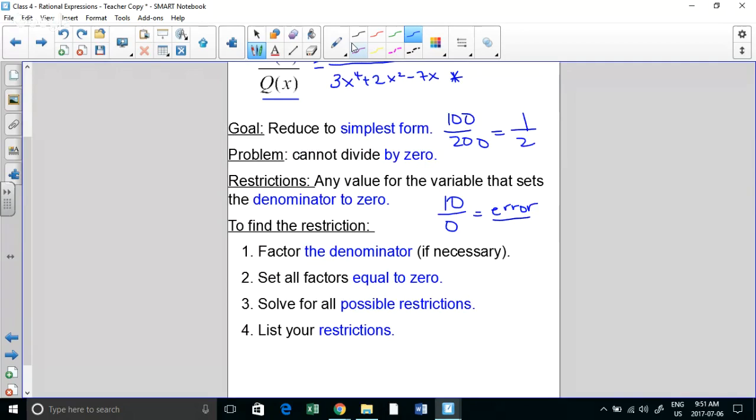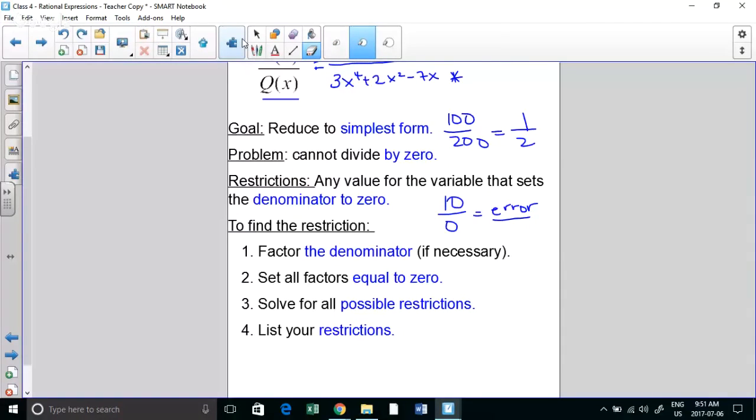For the restriction, if the question just says identify the restrictions, all you have to do is factor the denominator. Because if you type in 0 divided by 10 on your calculator, this is 0. So this is not a problem. The top being 0 is not a problem. The bottom being 0 is.